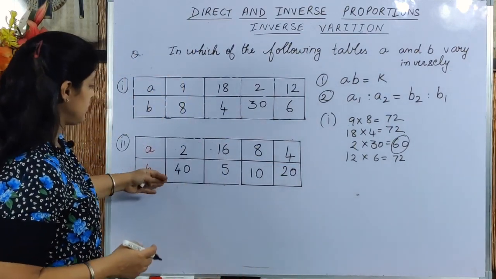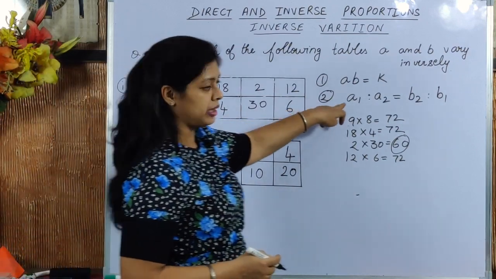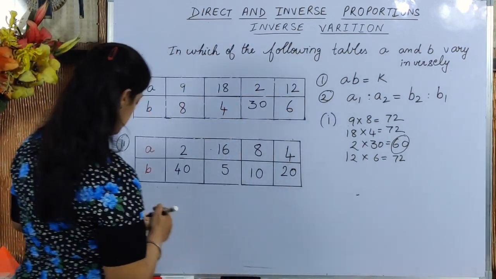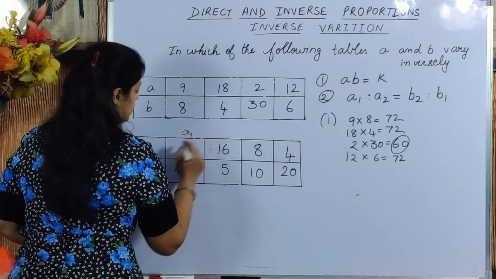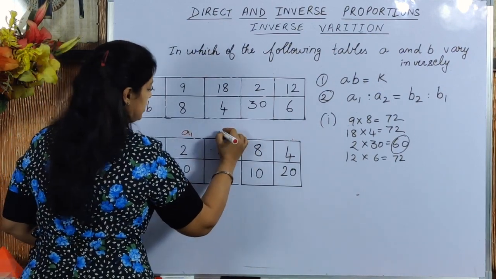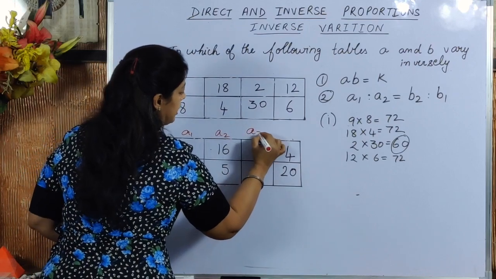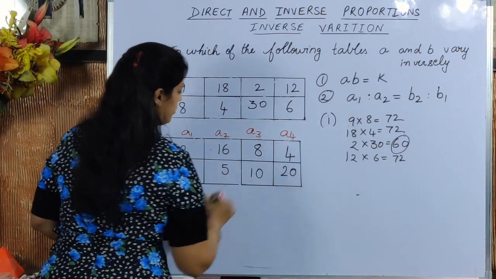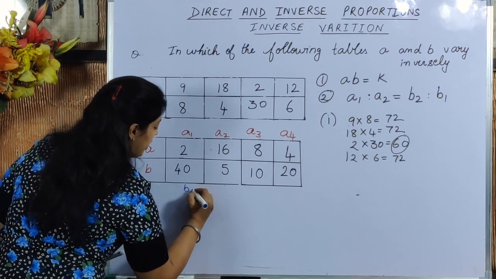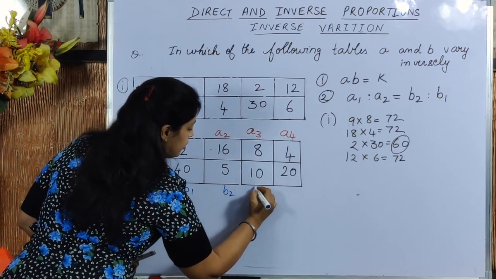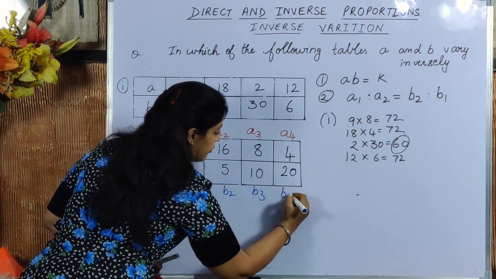Now I will do the second table by the other method. I can take these corresponding values of A as A1, A2, A3 and A4, and the values of B as 40 is B1, 5 is B2, 10 is B3 and 20 is B4.